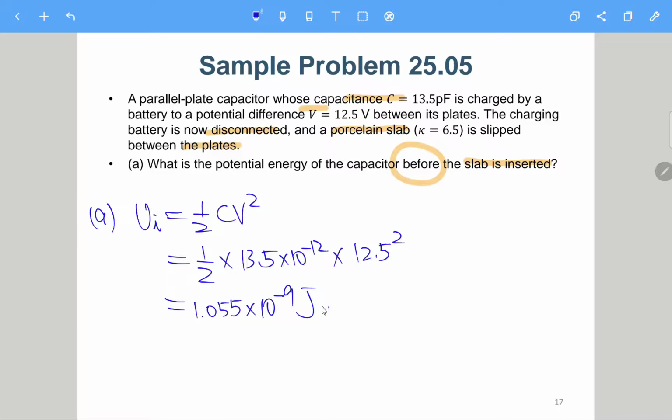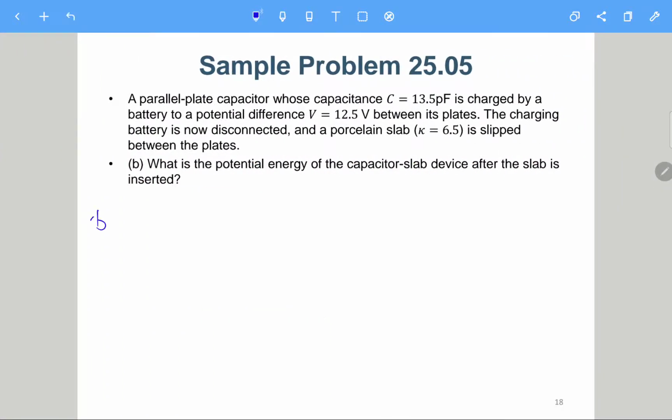So it is easy. For part B, what is the potential energy after the slab is inserted? Now we know that C should be epsilon naught A over D, although we don't really need to use this one, but this is for a vacuum.